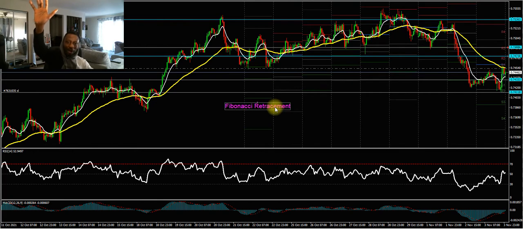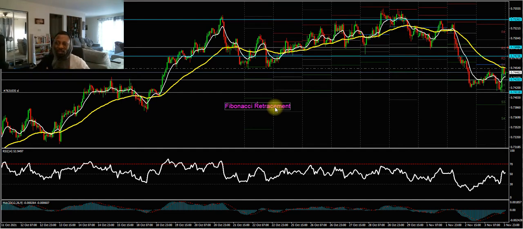So you want to use a tool to help you figure out what is that region where it is going to fall to and then move back up. What is that region where it is going to rise up to and then move back down?